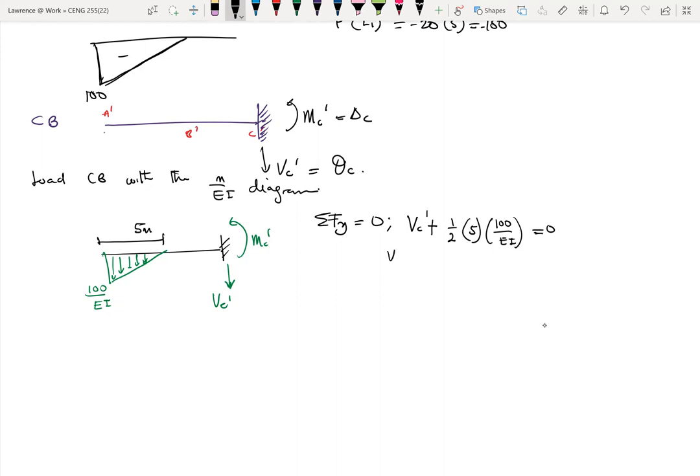So if we divide through, our VC prime will be minus 250 over EI. Okay. So what this indicates is that our slope is clockwise, all right? Because every time we get a negative value, it means that our slope is clockwise.